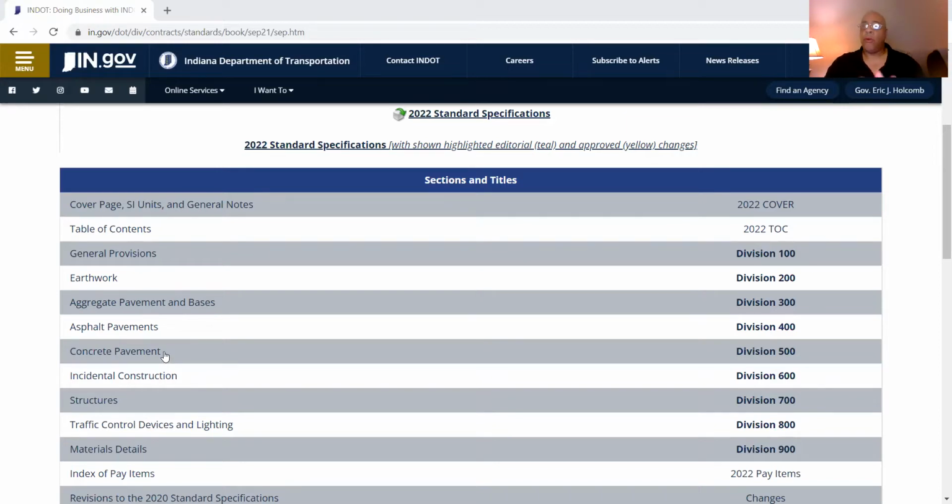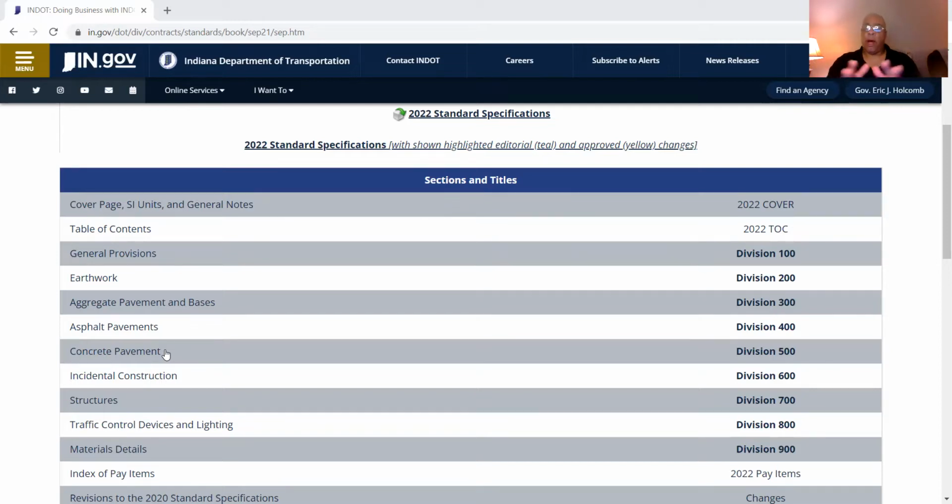Also, when it comes to paying a contractor, a lot of the contracts are unit cost contracts. So you have what we call quantities, and the quantities are in pounds, each, linear feet, cubic yards. And one thing I can tell you about standards and specifications, they do change.